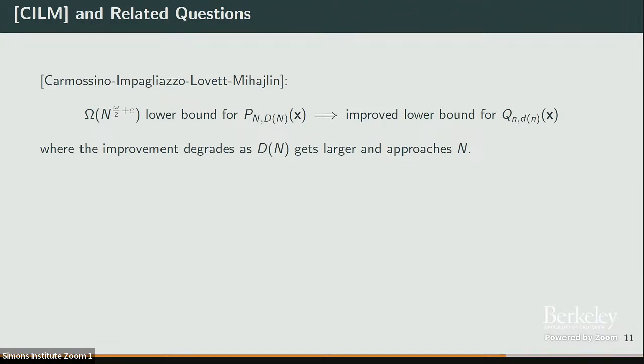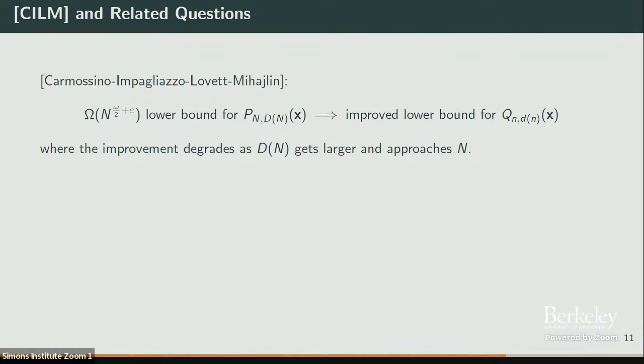Now how much improvement you get starts degrading as the degree becomes larger and larger. So if d is constant, for example, which is the version I had written, this improved lower bound is exponential. If d is poly in n, then this is just poly in n.